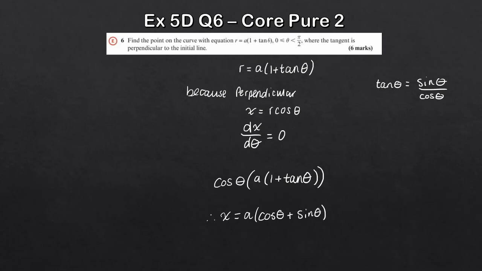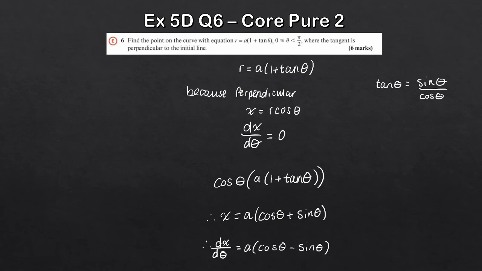So there we have it, so that's x. And now if we differentiate this, we can set it equal to 0. So dx by d theta, well, differentiate cos theta here, what would you get? Well, that'd be minus sin theta, and if you differentiate sin theta, that'd be cos theta. So this is just a lots of (cos theta minus sin theta).